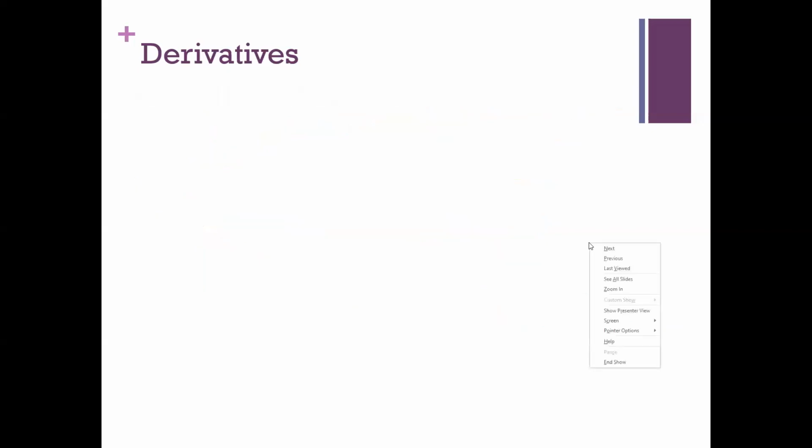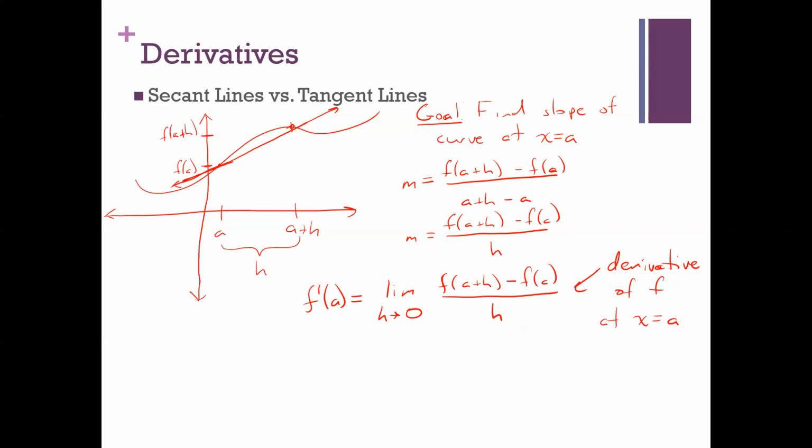Go ahead. Yeah, so the derivative is this, and you might see this called the difference quotient. And actually, I should be clear about something.